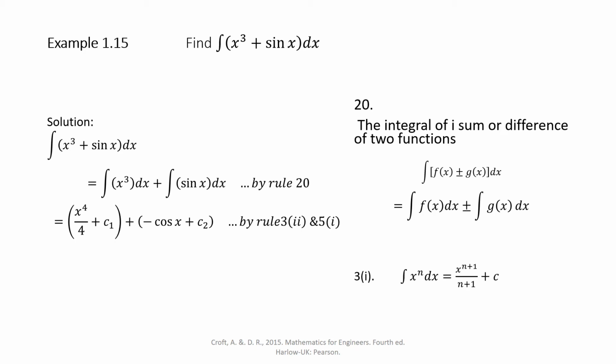Rule 3-1 is this one, and rule 5: sine of x dx equals minus cosine of x plus c. Well, after arranging, constants can be taken out separately, and the constant sum will be again a constant, we know it. For example, 3 plus 2 is again 5, which is a constant.